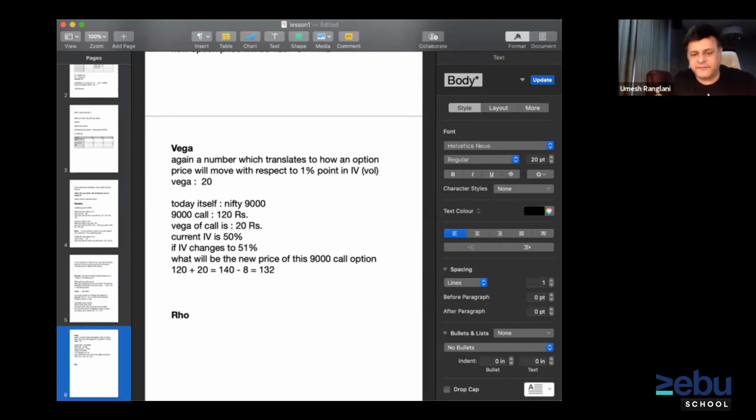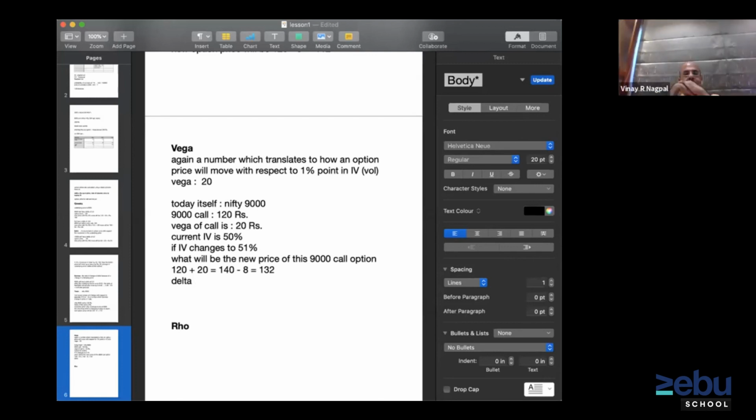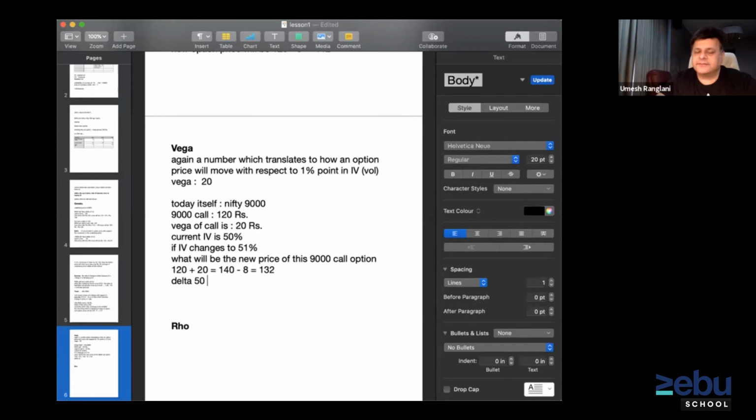Now the delta was 0.5 and the market moved up by 50 rupees. Matlab the option price moved up by 25 rupees. Now I know 132 plus 50, the new option price will be 182, when tomorrow the market will be at 9,100.